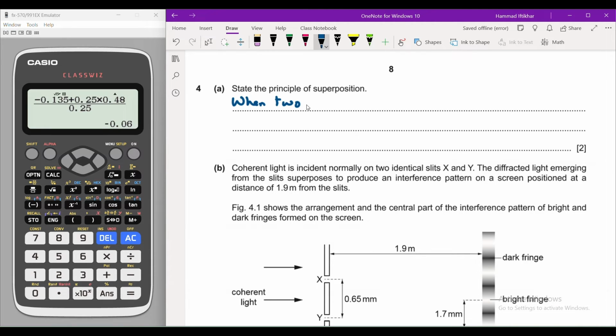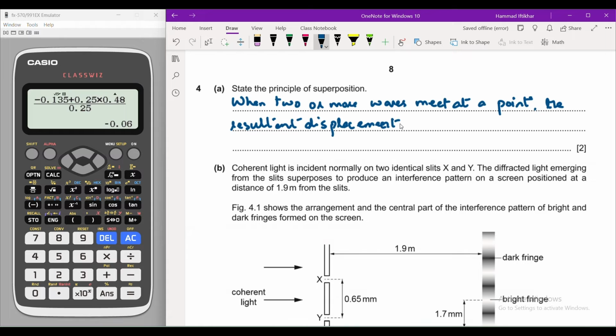When two or more waves meet at a point, the resultant displacement is the sum of displacements of individual waves.